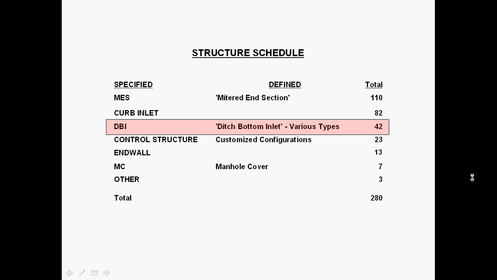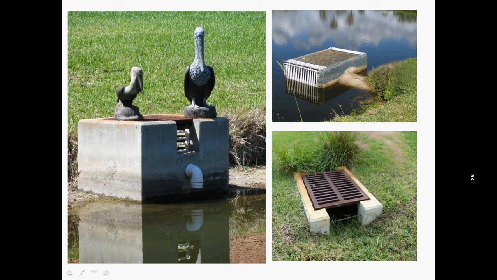They're officially called ditch bottom inlets, or DBIs, as indicated on the map. Would you believe? That's the official name. And they look like that. Sans the pelican.